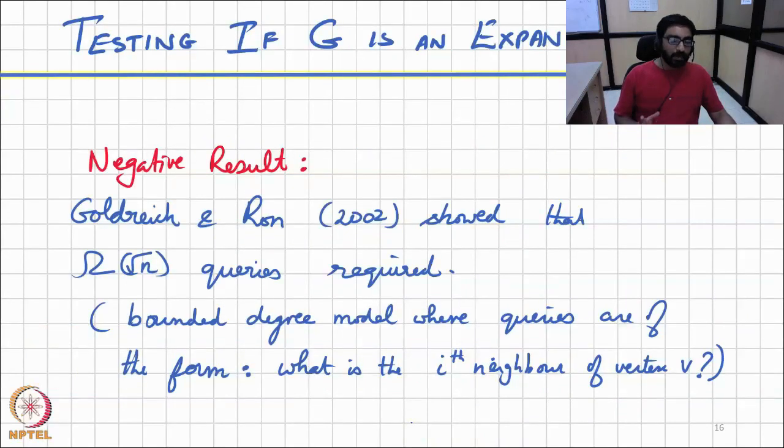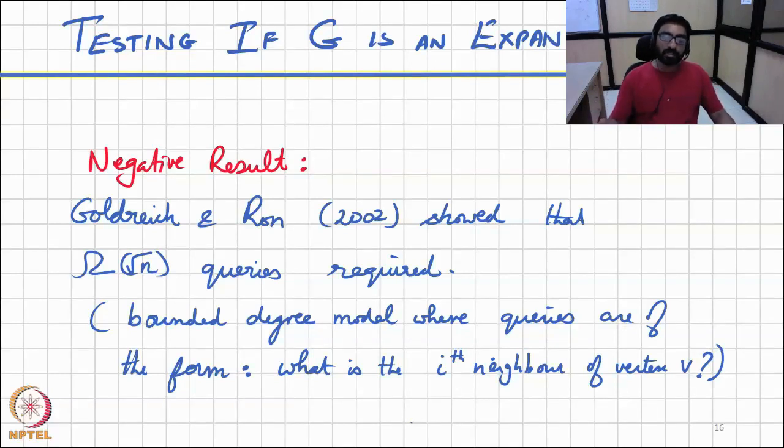So now let's actually come to the problem of testing whether a graph G is an expander or not. The input is a graph G, and you are allowed query access to this graph. This is in the bounded degree model, so the queries are of the form: what is the ith neighbor of a given vertex v?